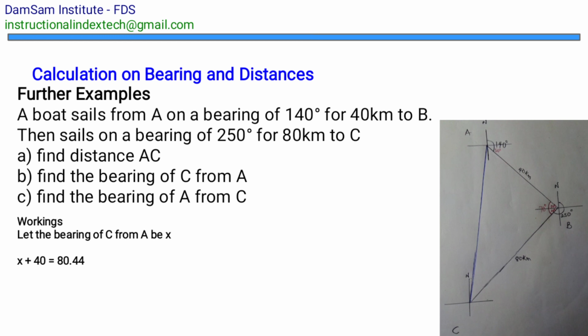So that 40 will be what will make that 50 equal 90. So we are adding it to the very little part that is showing in blue ink to complete that particular angle. And we have x plus 40 is equal to 80.44.